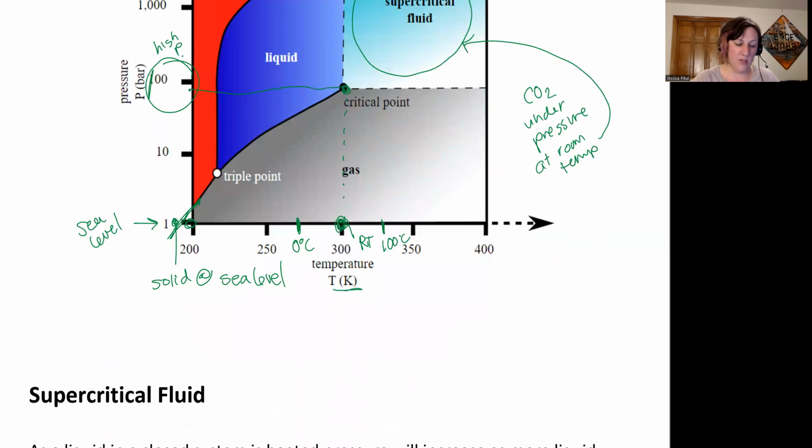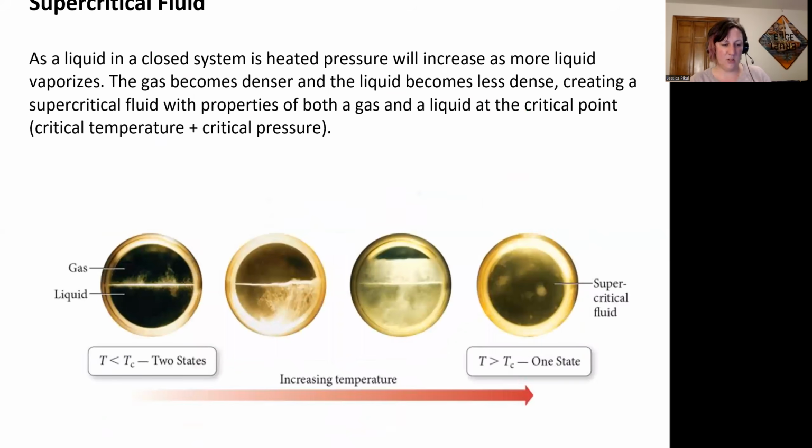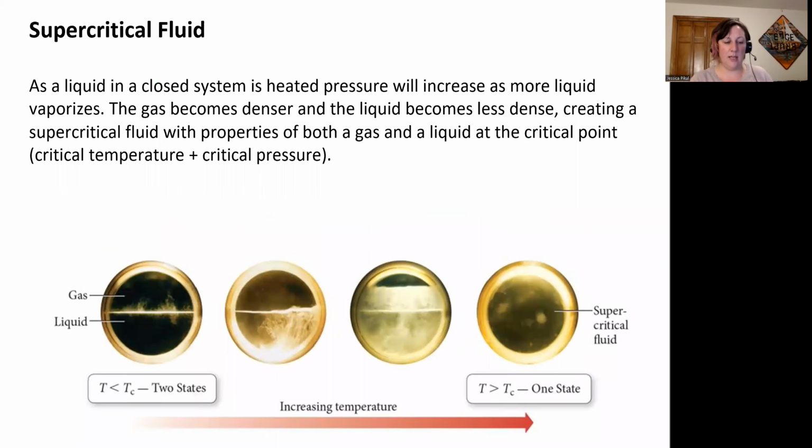I like this picture because it shows what it looks like. A supercritical fluid will have both the properties of a gas and a liquid. Here, this is a window into a pressure chamber. You can see at just normal ambient pressures, we have both a liquid and a gas present of our carbon dioxide. You can see a line that represents that we've got liquid and gas.